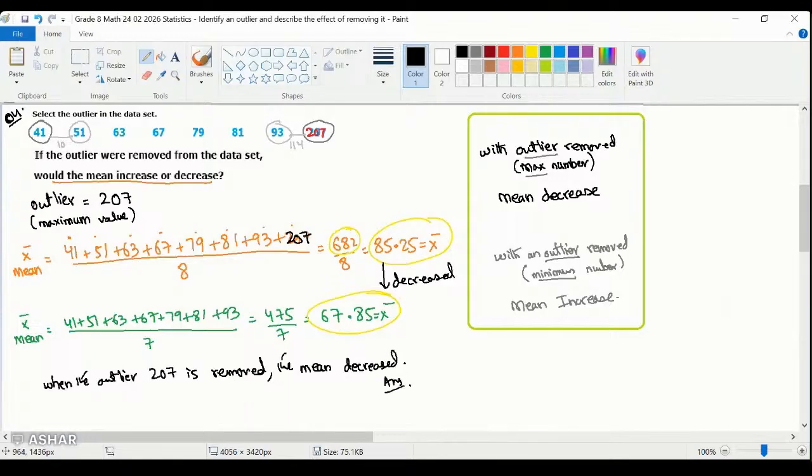This was the effect. Agreed? So what I wrote in this green box, you just need to remember this. When an outlier is a maximum number, the mean will decrease. When an outlier is a minimum number, the mean will increase. This is just what we need to remember.